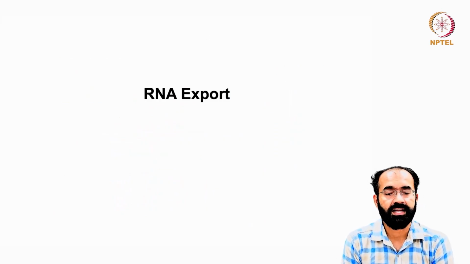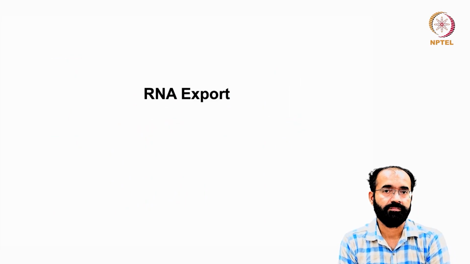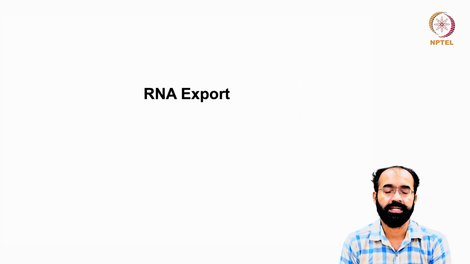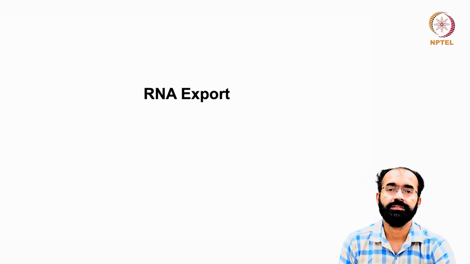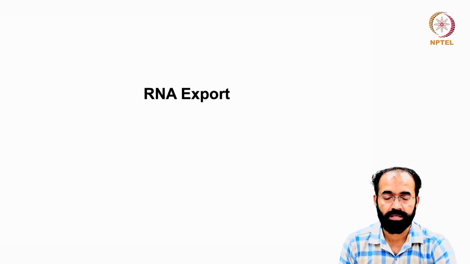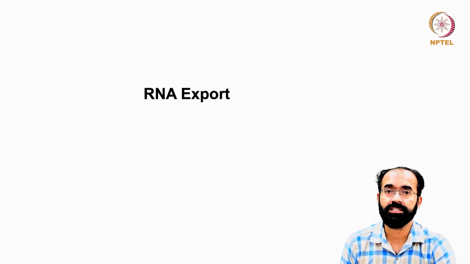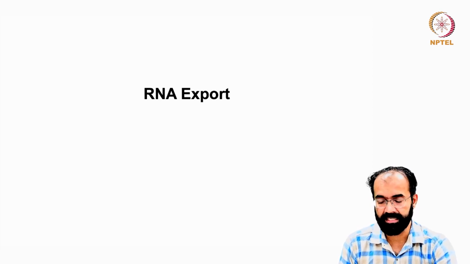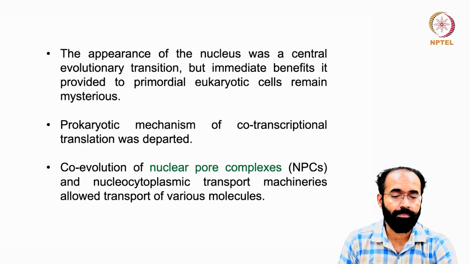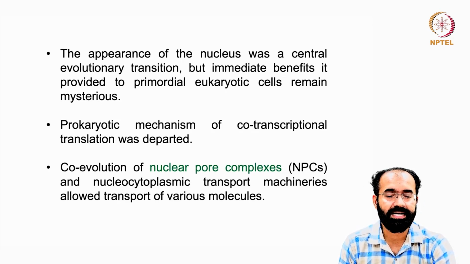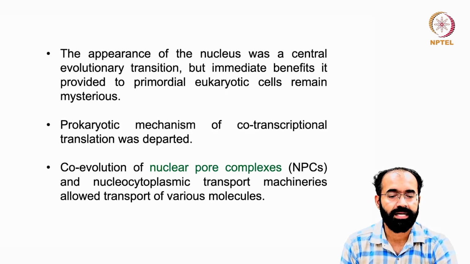Now we will understand RNA export. We know RNA is produced in the nucleus and needs to be mobilized into the cytoplasm, sometimes for maturation, sometimes for its functioning. The appearance of the nucleus was a central evolutionary transition, but the immediate benefits it provided to the primordial eukaryotic cells remain quite mysterious till today.